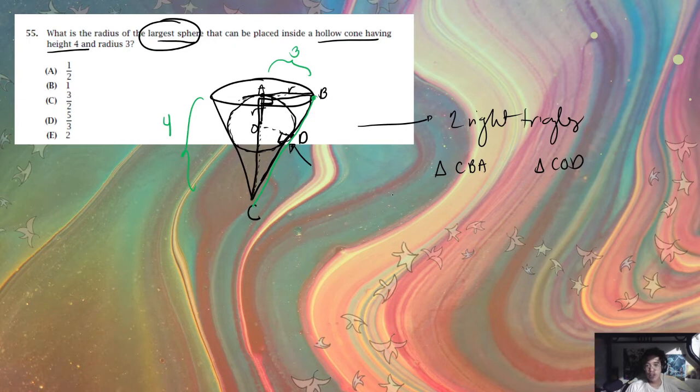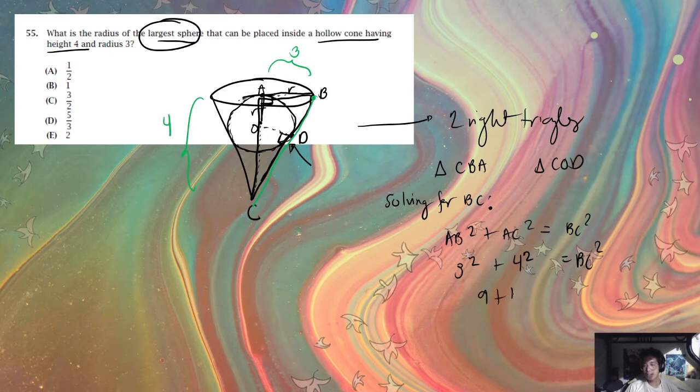To solve for the value of BC, we have AB squared plus AC squared is equal to BC squared. Since we know that AB is 3 and AC is 4, the radius of the base is 3 and the height of the hollow cone is 4, that's going to be equal to BC squared.